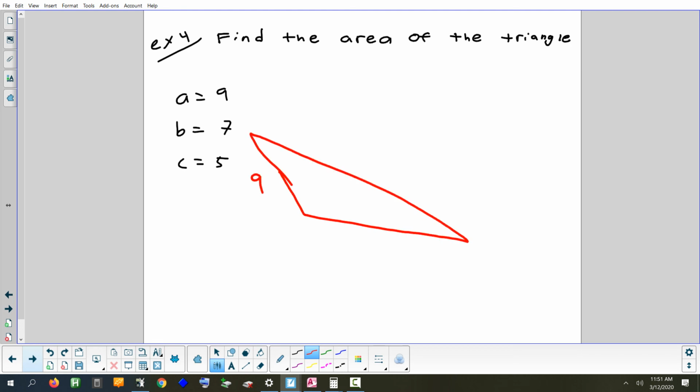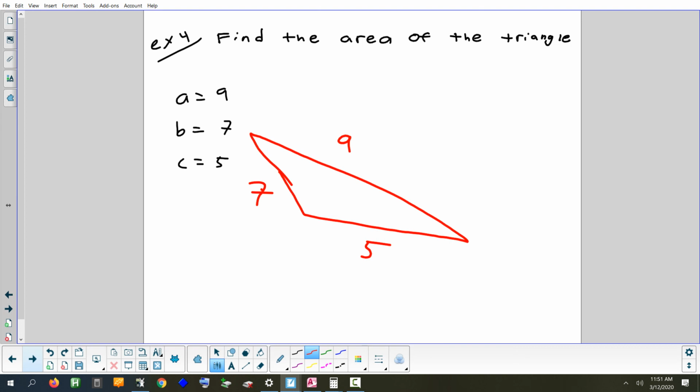If this was 9, this isn't to scale. Let's say this is 7, 9, 5. How could you use the formula that I just taught you and something else we learned this week to find the area of that triangle? Yep. Use the law of cosines to find the angle between two of the sides.